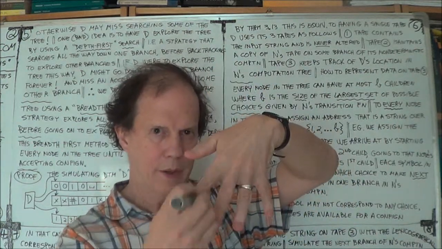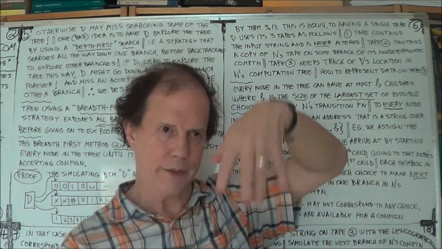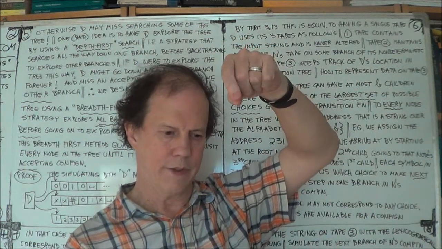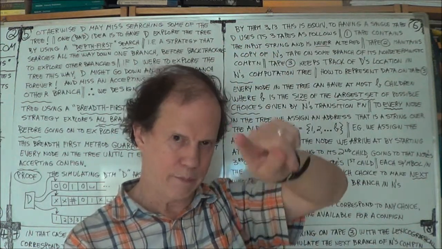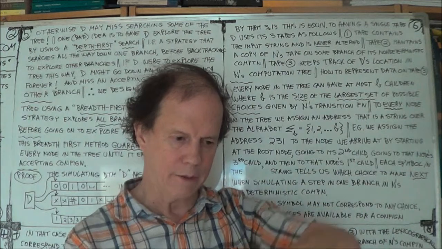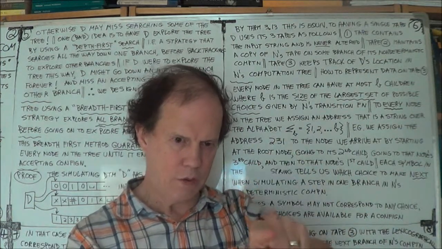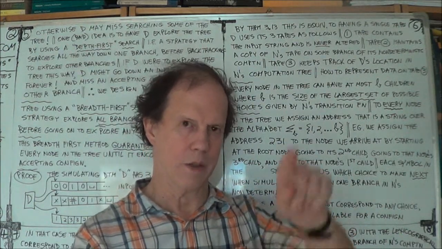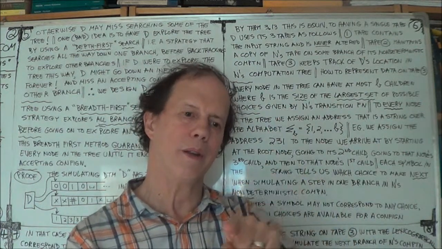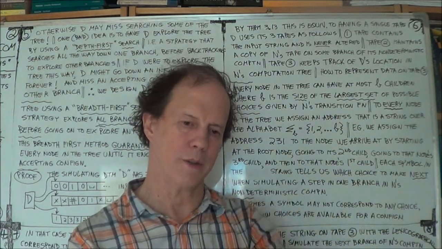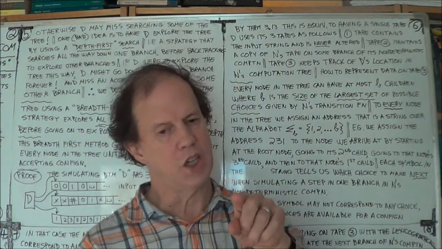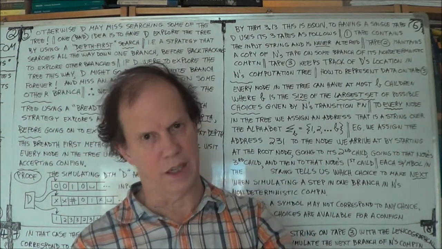As you go down node by node along that branch, at each node you're performing a computation. The Turing machine is executing a single step from node to node, changing its configuration from one node to the next.